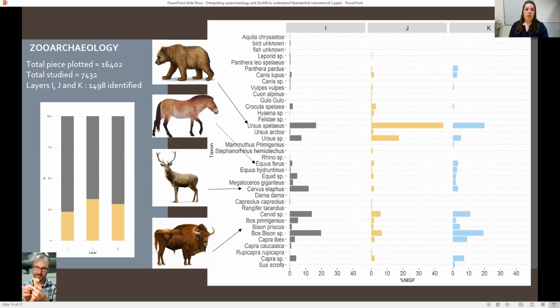And we have a high readability of the bone surfaces to assess the bone modification and factors of accumulation for both initial Upper Paleolithic layers, so I and J, and Middle Paleolithic layer K.